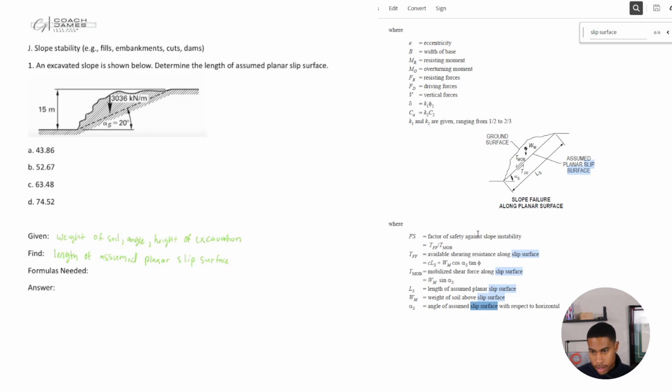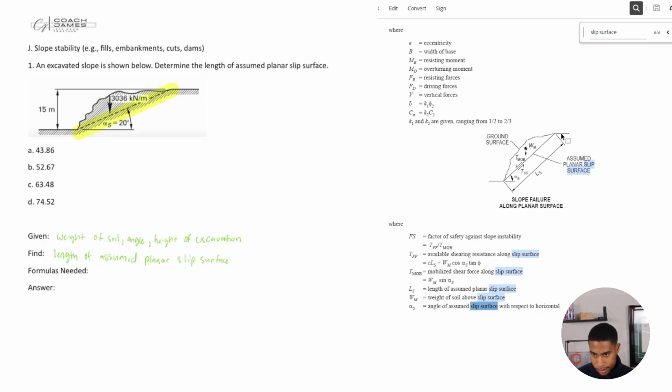Let's take a look at these. They say that the assumed planar slip surface is this line that's angled. And on our diagram, that same line, let's highlight it so that you know exactly what I'm talking about here. It's that line there, right?